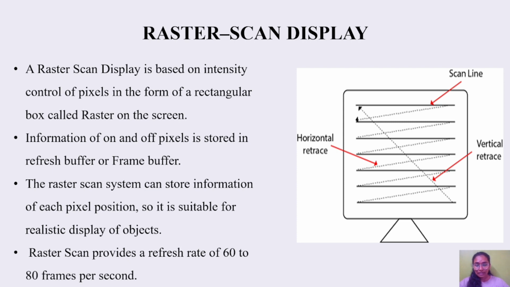Refreshing on a raster scan display is carried out at a rate of 60 to 80 frames per second, and the unit for refresh rate is hertz. Also, the range of colors or shades of gray that can be displayed on a raster scan system depends on the types of phosphor used in the CRT and the number of bits per pixel available in the frame buffer.